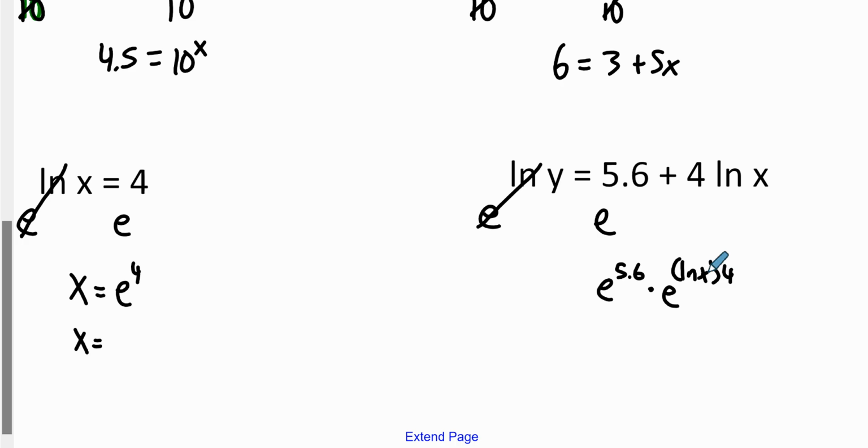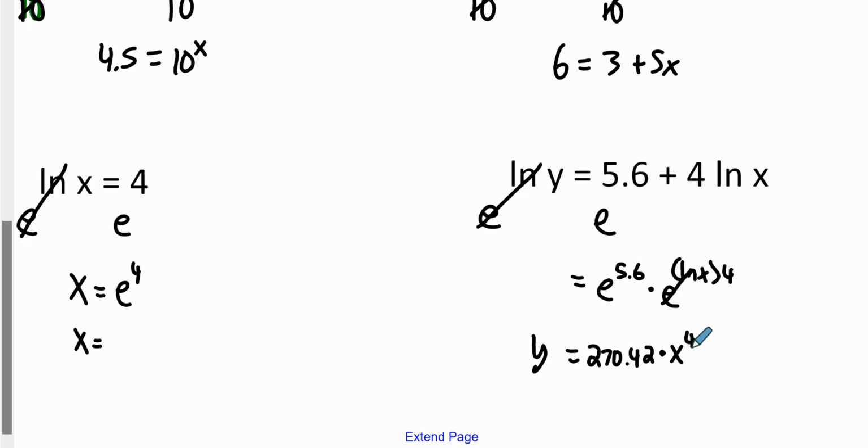Well, e to the 5.6 power is a number, so I get y equals about 270.42 times, these cancel out, so whatever's left, the variable, is my new base to the 4th power.